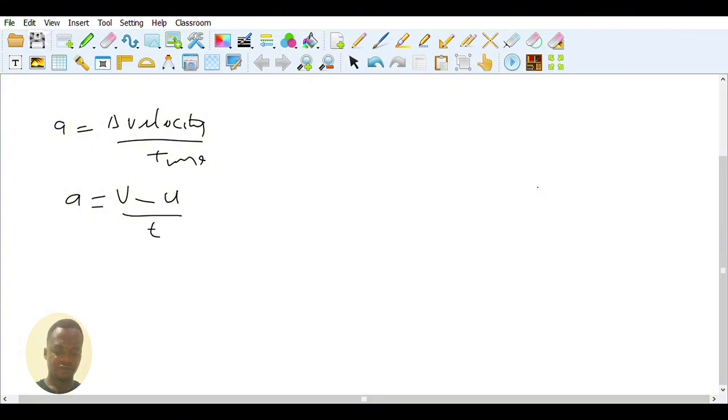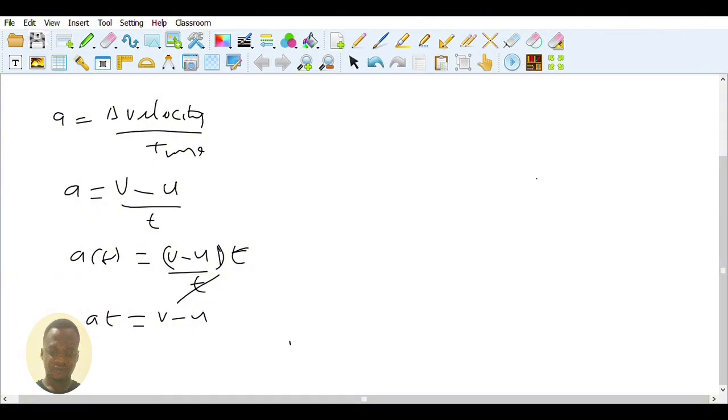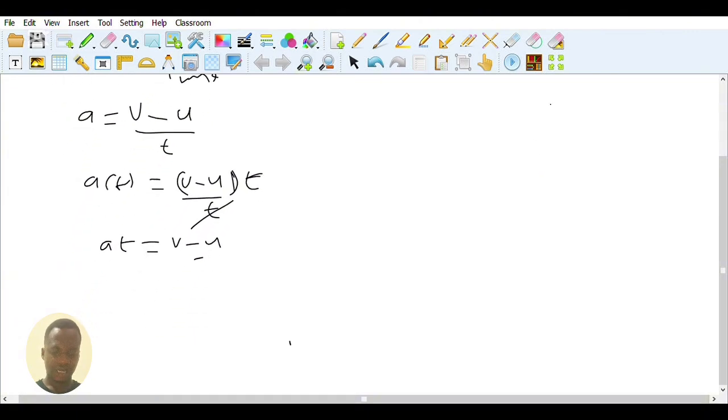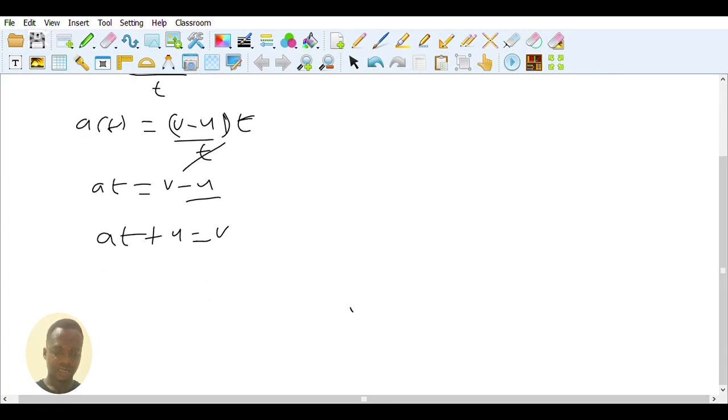So if we multiply through by T, we're going to have A times T is equal to V minus U over T multiplied by T. So we have AT is equal to V minus U. And if we make V the subject of the equation, we add U to both sides, so we're going to have AT plus U is equal to V, which we can write as V is equal to U plus AT.